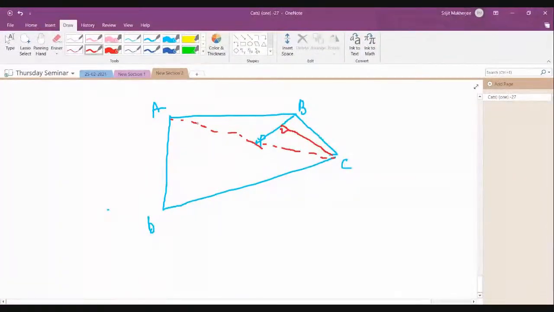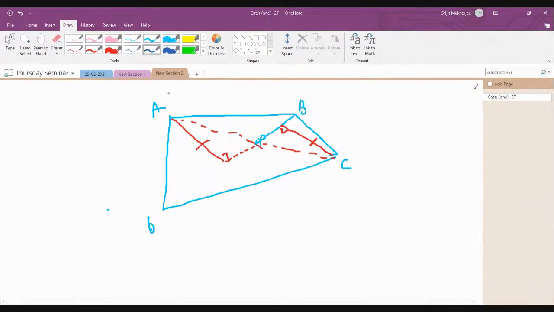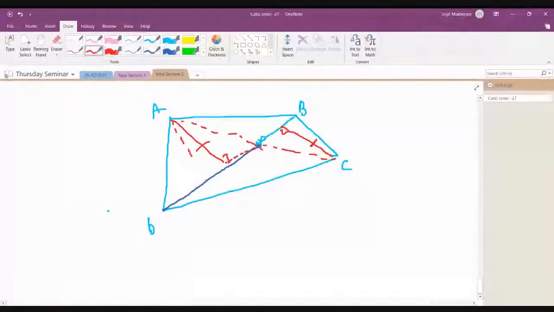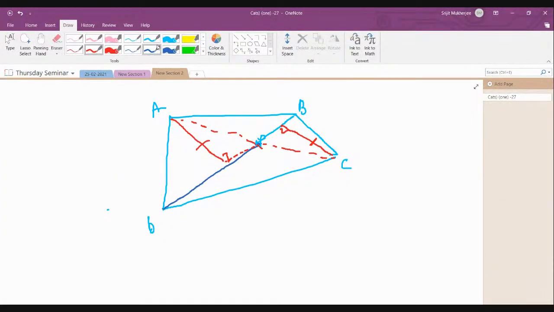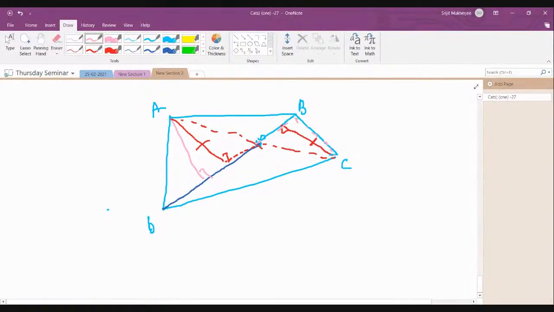That is, these two heights must be equal. Similarly, let's take DP. For DPC, so ADP must be equal to DPC. So we get that these two heights must also be equal. This height and this height is the extension.